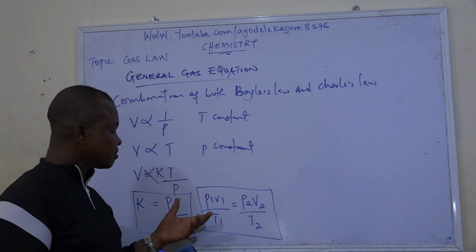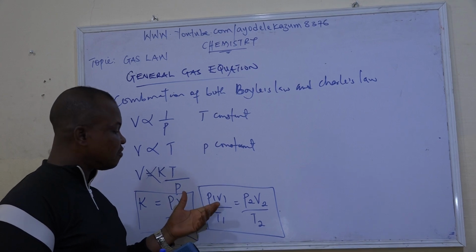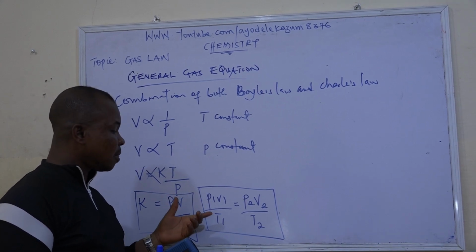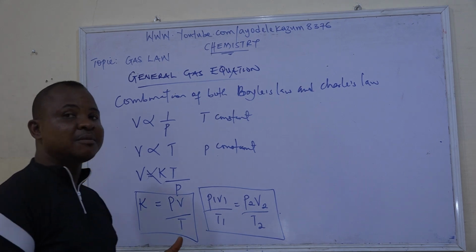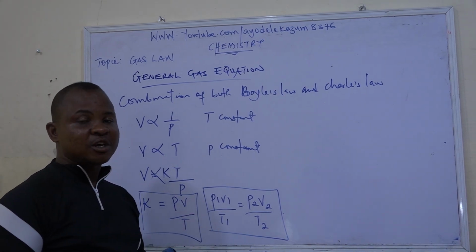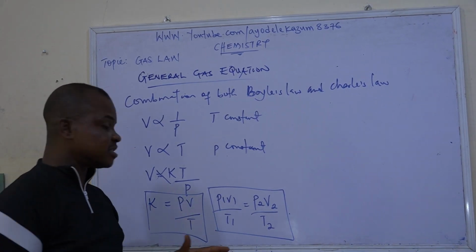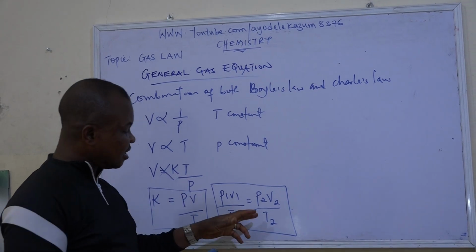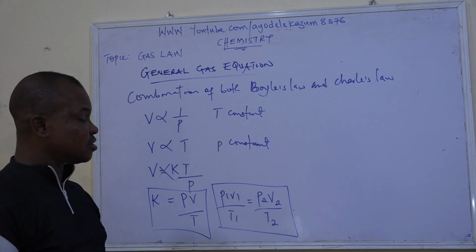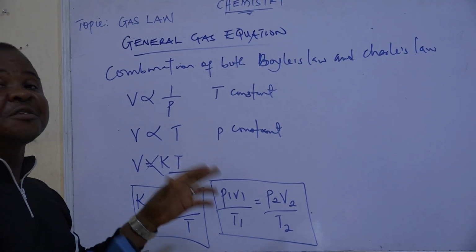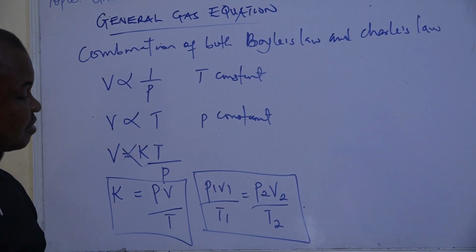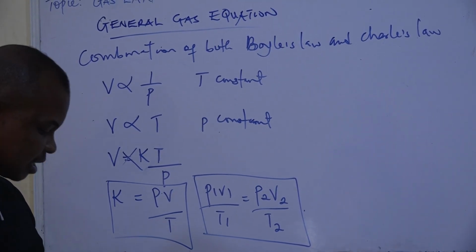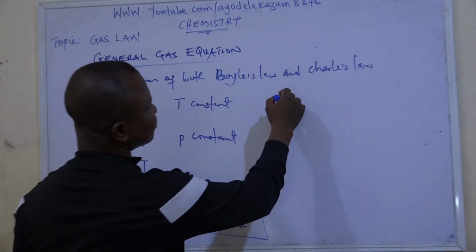That's initial pressure. V1 is initial volume, and T1 is initial temperature in Kelvin. I remember I told us in Charles' law that temperature from Celsius must be converted to Kelvin. P2 is final pressure, V2 is final volume, and T2 is final temperature.